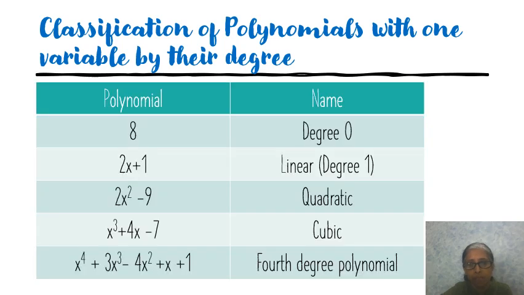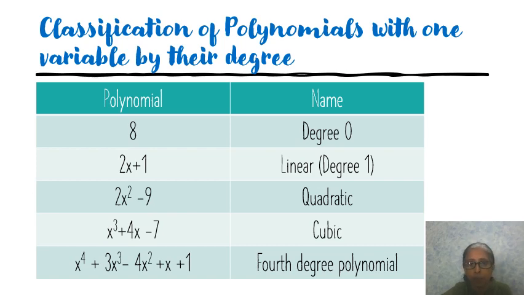Now we are going to learn how to classify polynomials with one variable by their degree. Okay, so look at this. You are having 8. 8 is a constant, and you have learned that the degree of all constants will be 0.